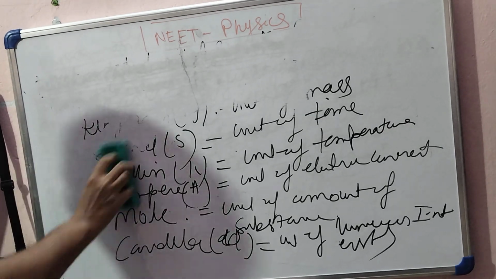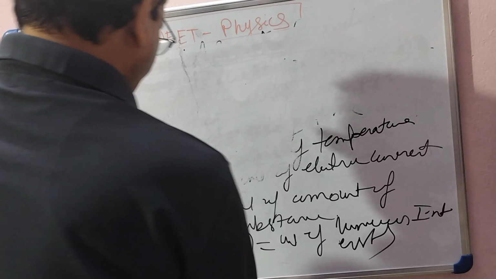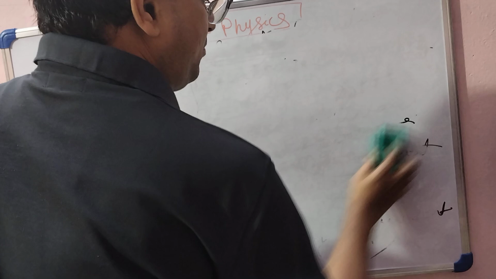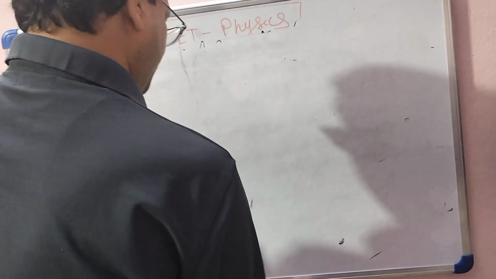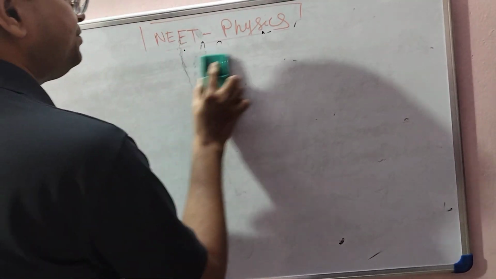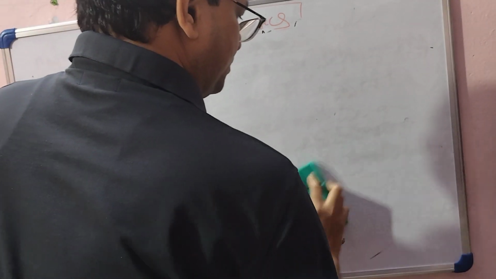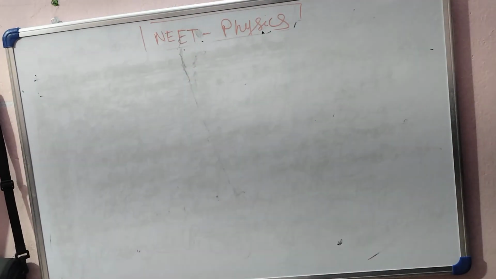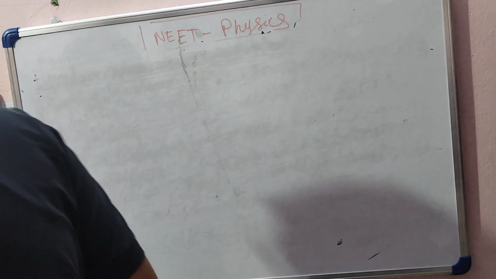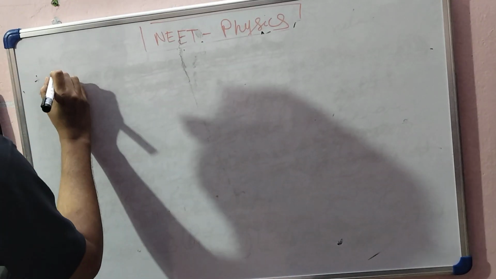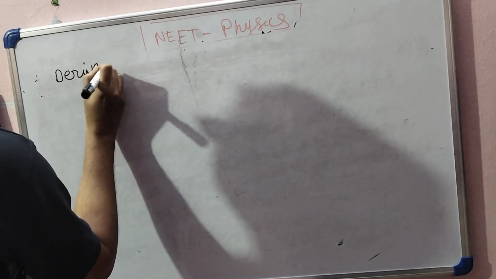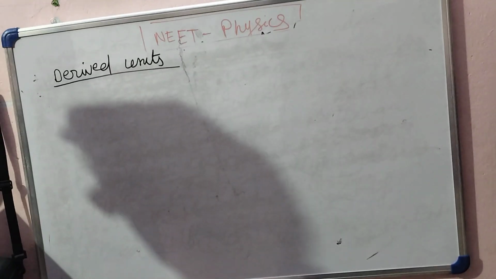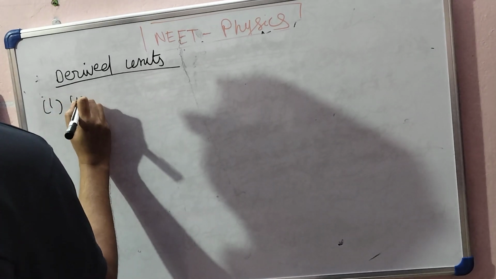Okay, fundamental units and derived units. What are derived units? Derived units are derived from the fundamental units. Unit of speed.